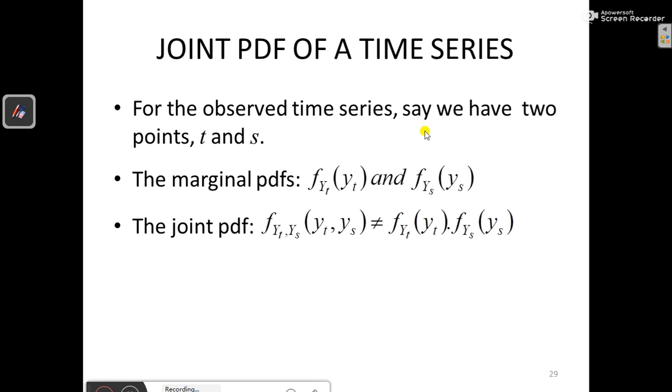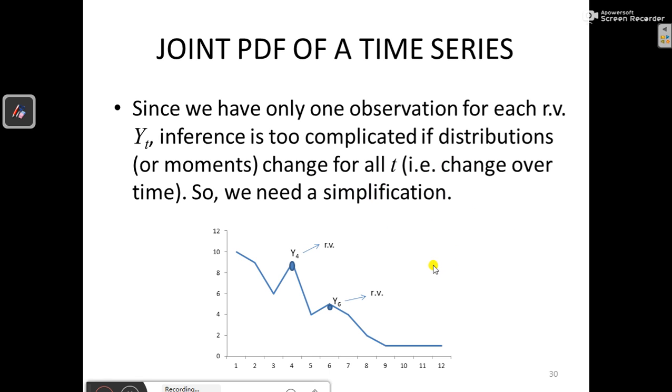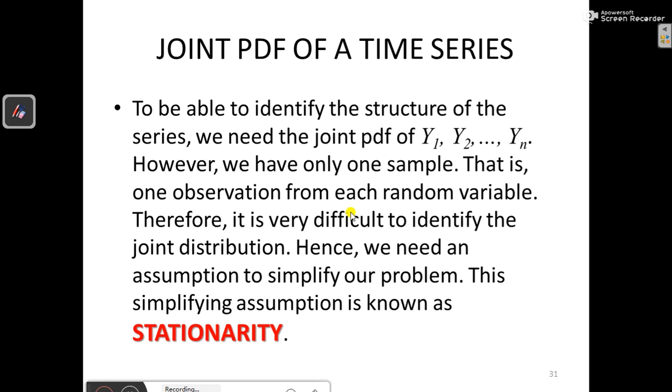For the observed time series, say we have two points t and s, the marginal PDFs, or probability density functions, f_Yt(yt) and f_Ys(ys), and the joint PDF f_YtYs(yt, ys) is not equal to f_Yt(yt) into f_Ys(ys). Since we have only one observation for each random variable Yt, inference is too complicated for the distribution or movements, which change for all t, that is change over time, so we need a simplification.